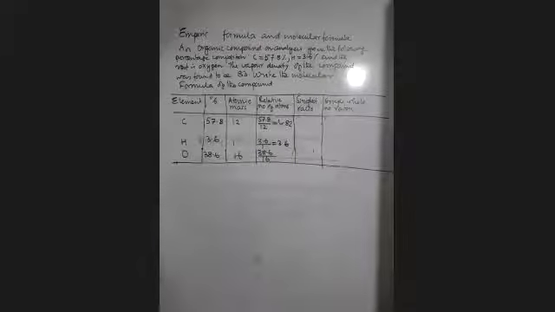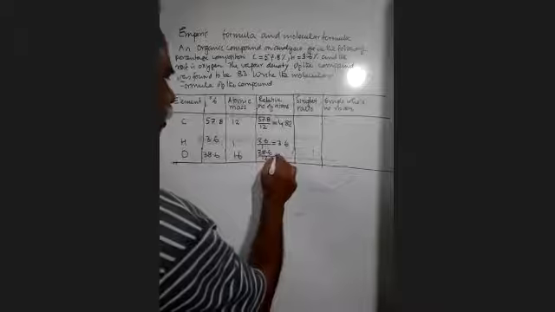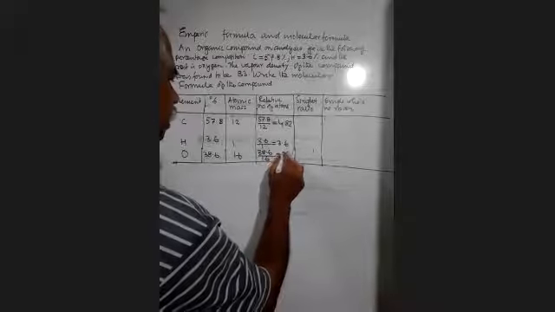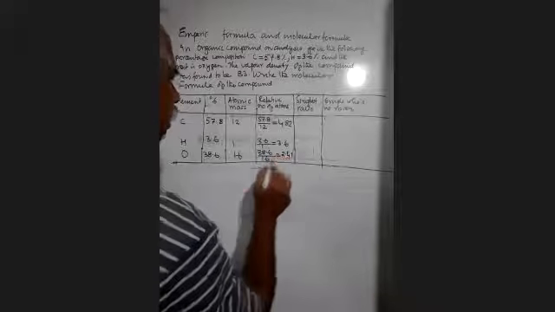Then 38.6 divided by 16. How much does it come? 2.41. What is your name? Eileen.